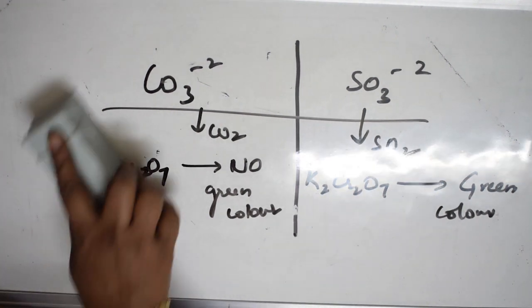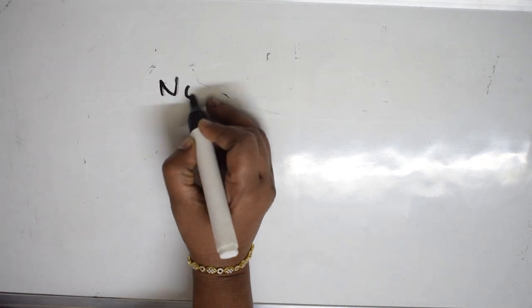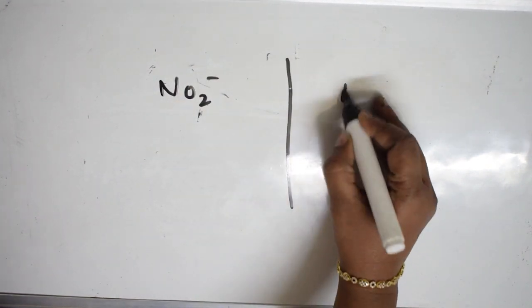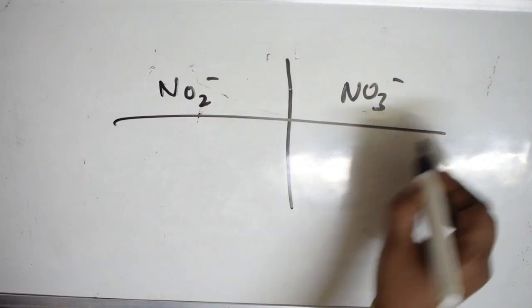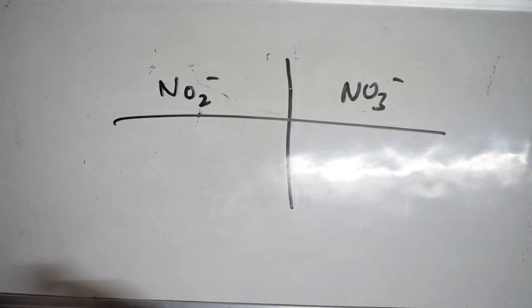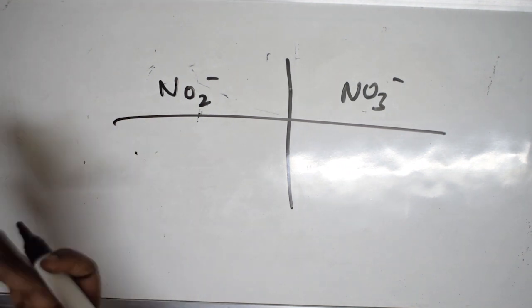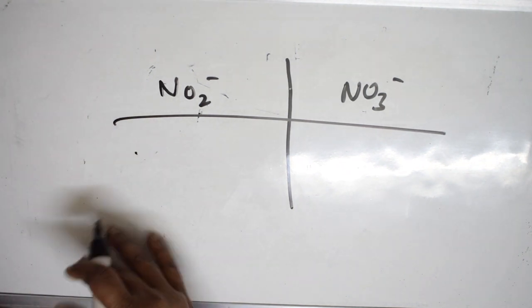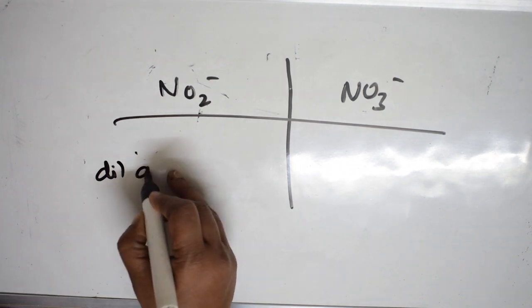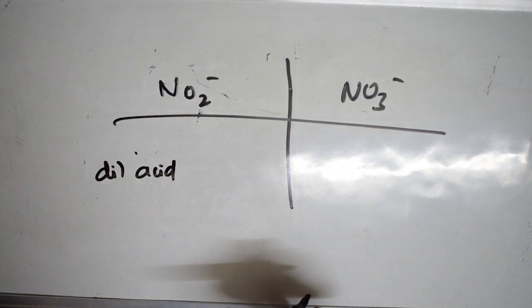Suppose she asks me the difference between NO2 minus as well as NO3 minus, what should you remember? The same concept as with potassium dichromate. Suppose I take dilute acid and add it to both.